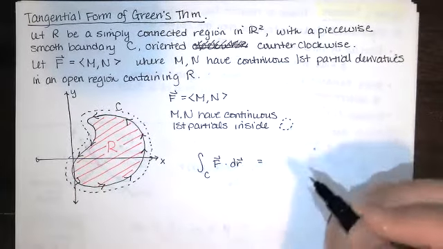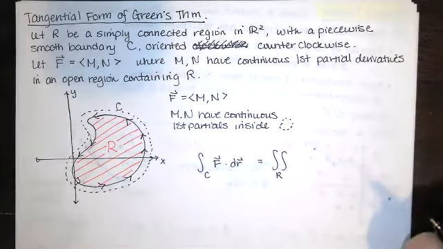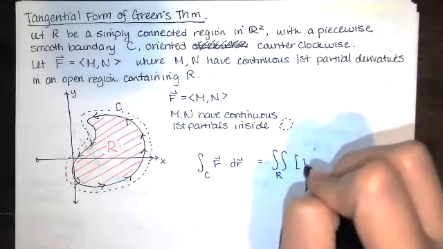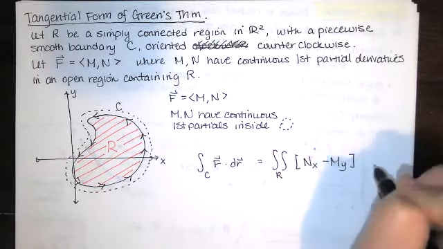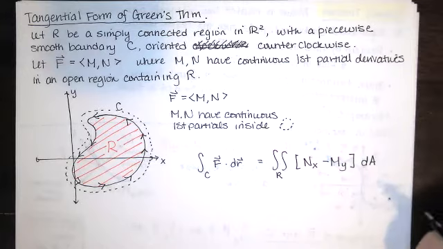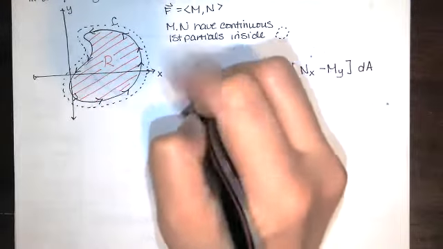It turns out that this is equal to this over here, the double integral over R of the partial of N with respect to x minus the partial of M with respect to y. Now let's focus on that interpretation as circulation.